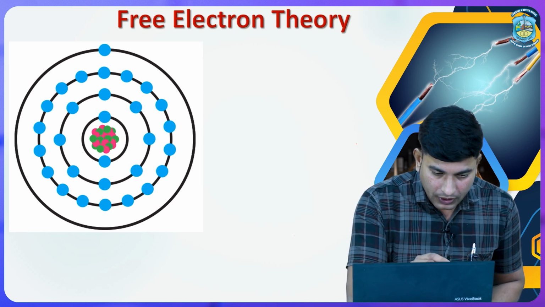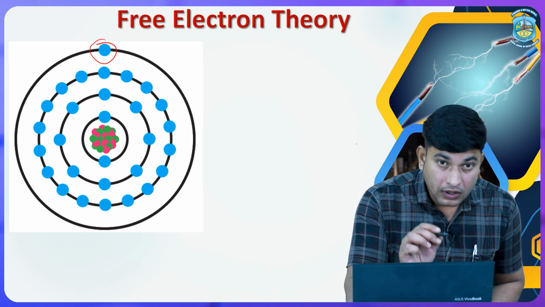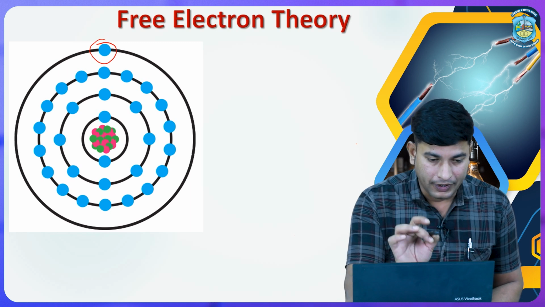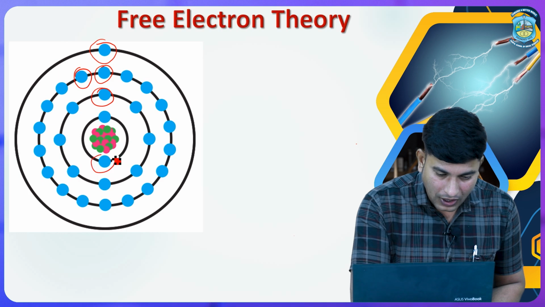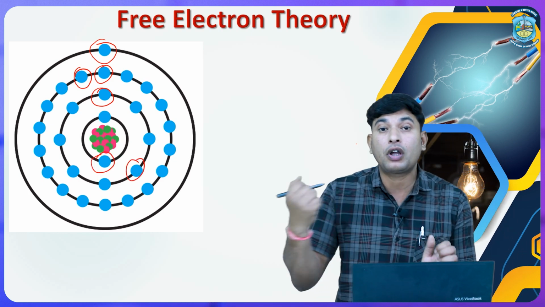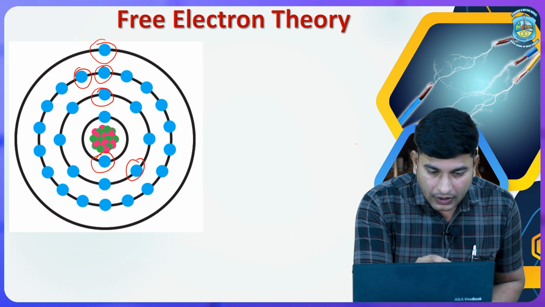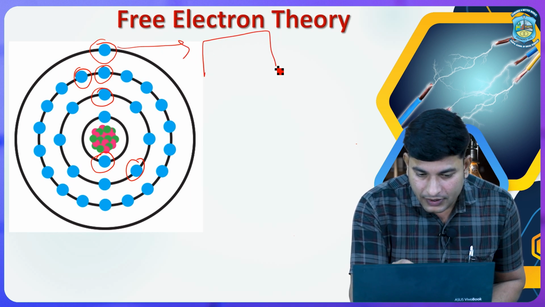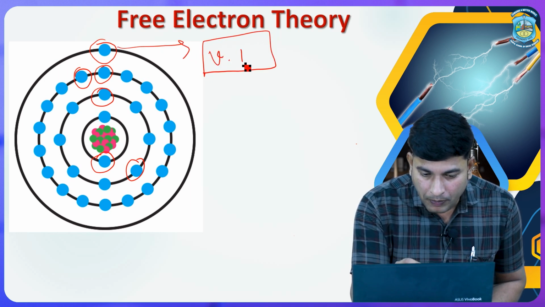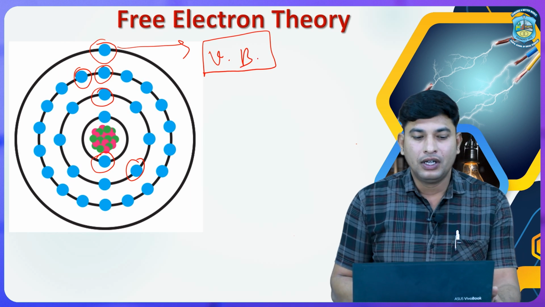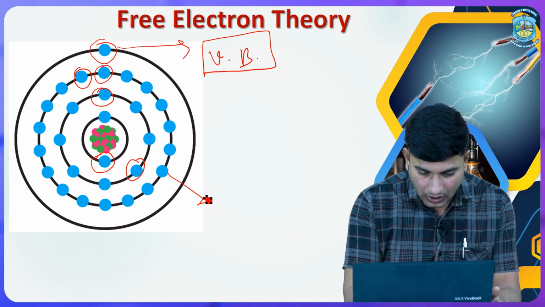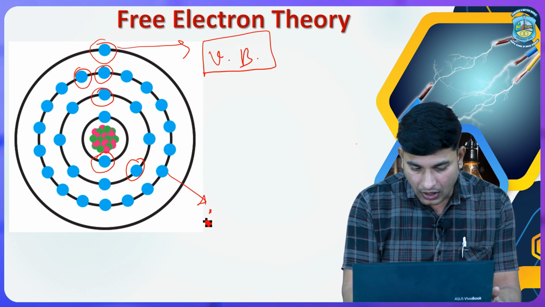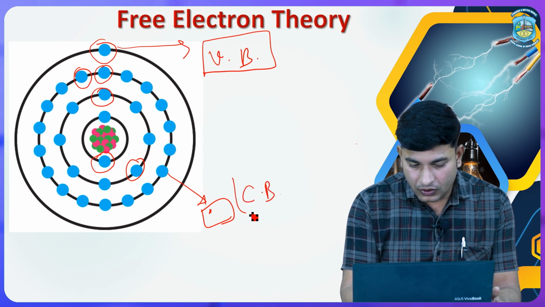The first one, an important portion, you have to highlight it. If electrons are in their orbits, it means that they have not come out. All such electrons are considered electrons in the valence band. While if electrons are coming out, for example this electron has come out, these are the electrons in the conduction band.